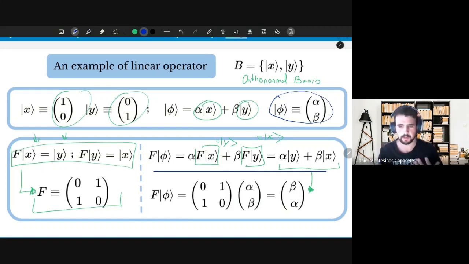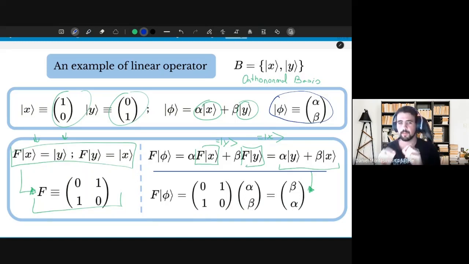So you can either work with a straightforward calculation with vector notation, using kets and the definition of your linear operator, or you can use the matrix representation. Take care that in order to use the matrix representation, everything must be written in the same basis. I don't know if you remember from the other day that you can write the same vector using different bases.